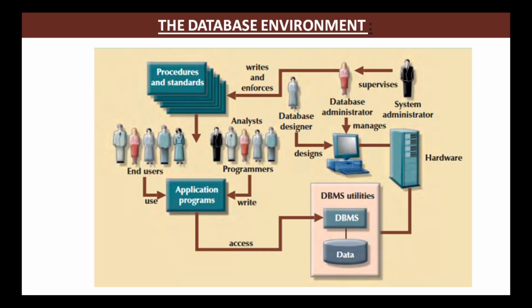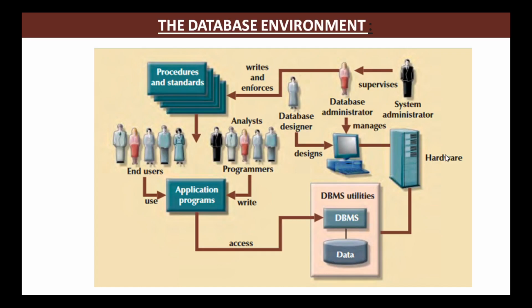Let's see this diagram clearly. When you observe this diagram clearly, you can understand the concept very well. First of all, the first component, hardware. What components exist in this database environment? This is a computer, and the CPU comes under hardware.